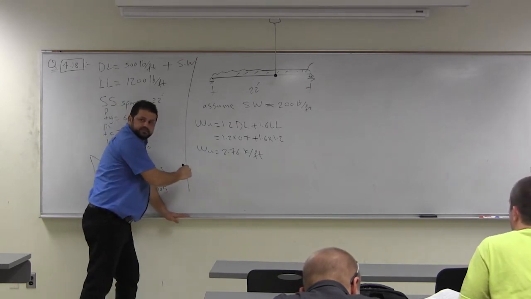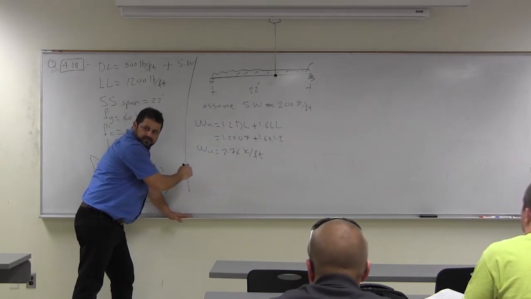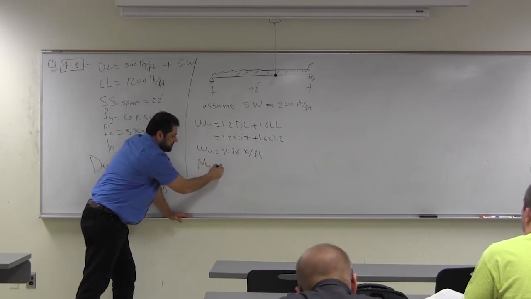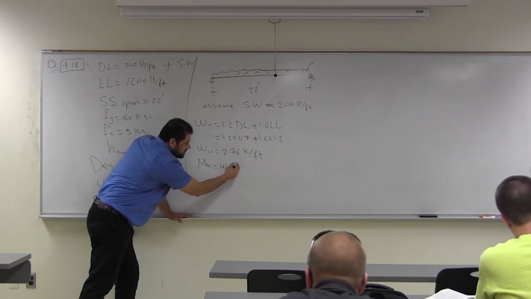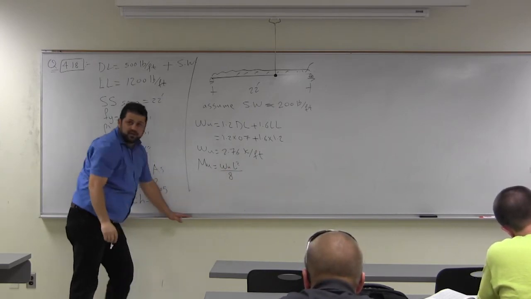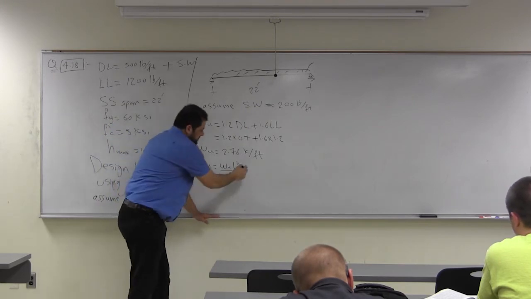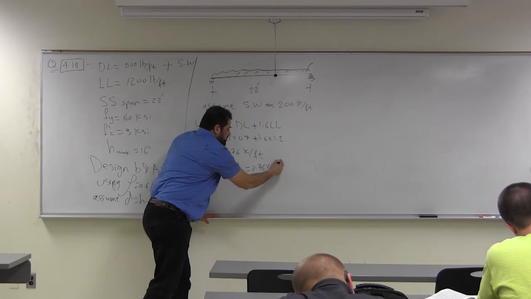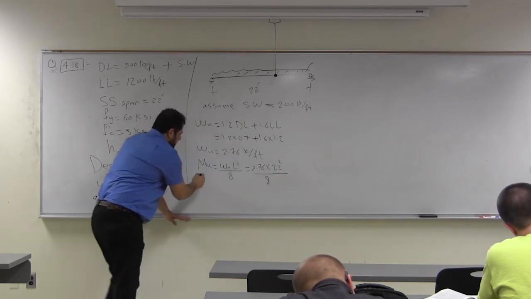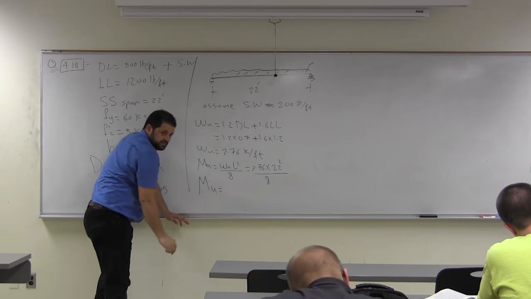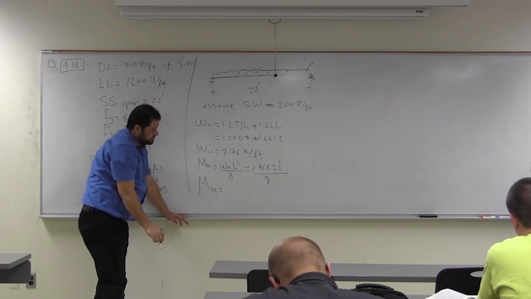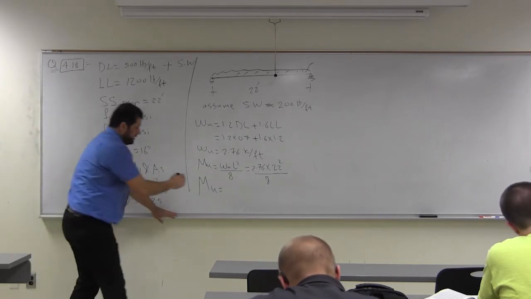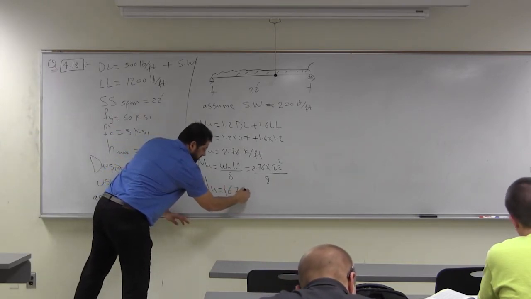What's M ultimate now for a simply supported beam with distributed load? wL squared over 8. 2.76 times 22 squared over 8. M ultimate equal 167 kip-foot.